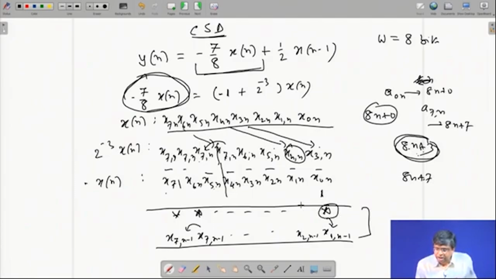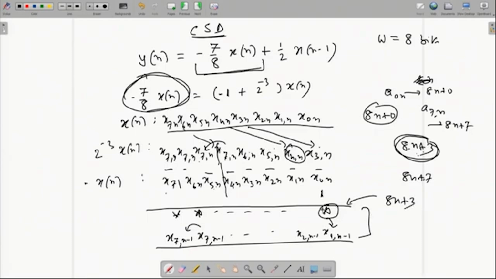Now this is coming out at 8n plus 3. With that I have to align this number. That is, I have to make sure that at 8n plus 3, this is available, so that I can happily add them with initial carry 0. Nothing is there.